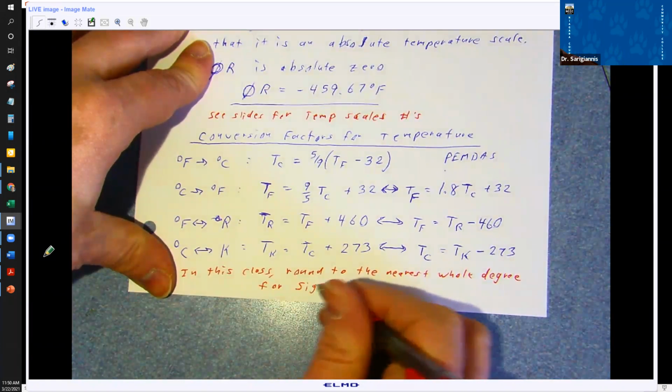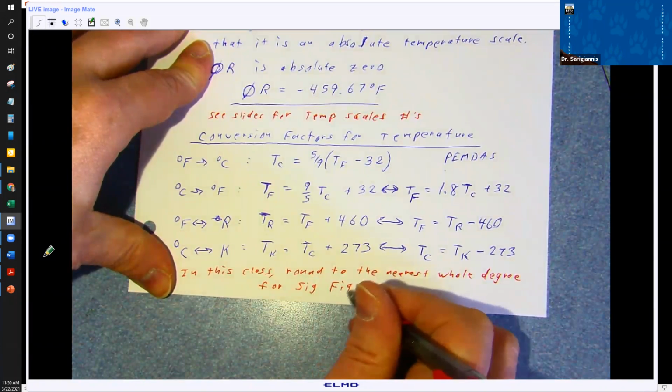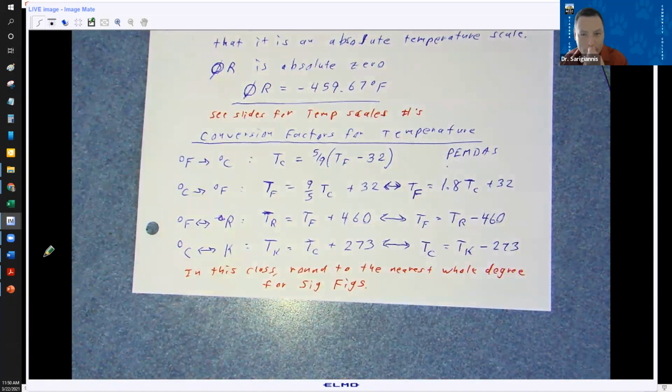Significant figures. So when we report an answer at the end, we'll just round to the nearest degree.